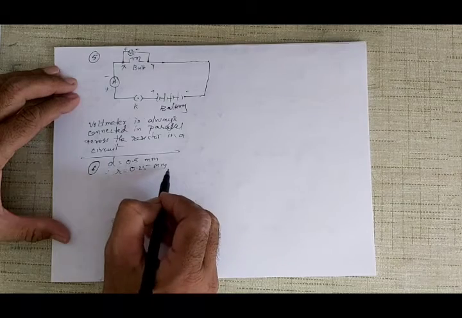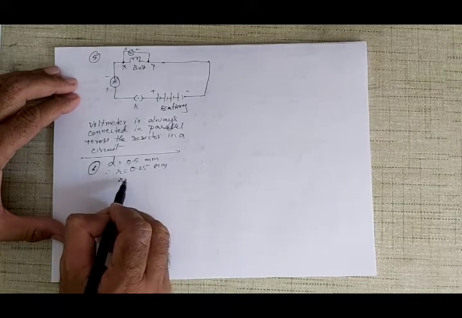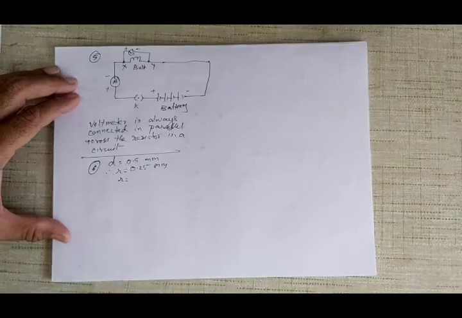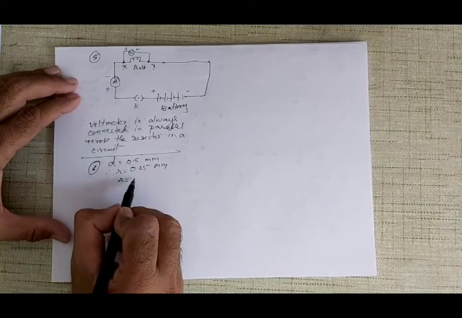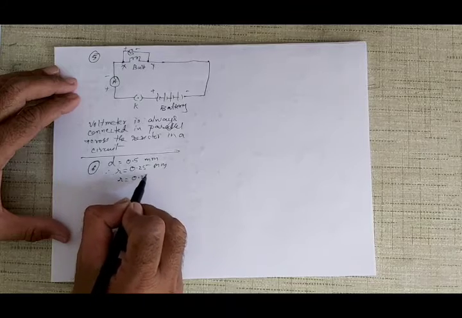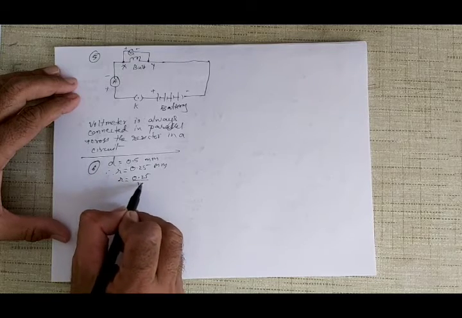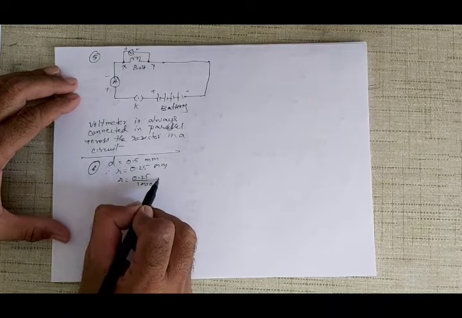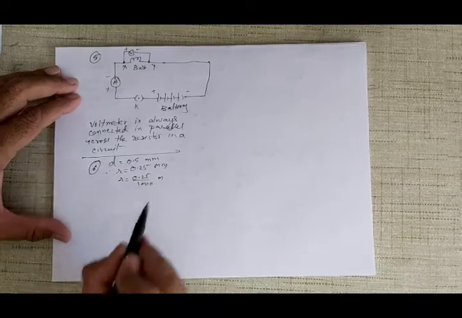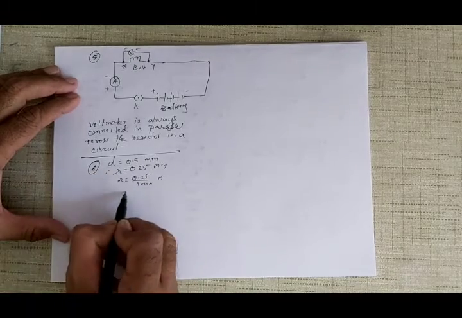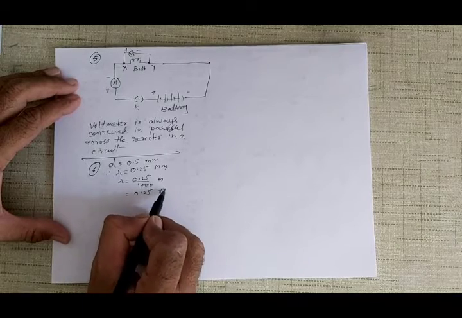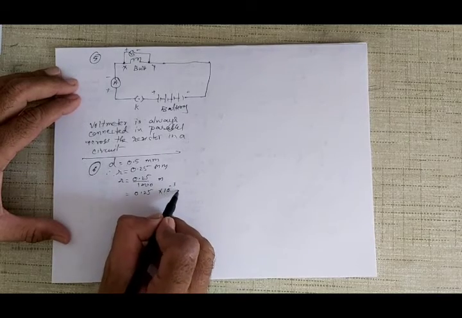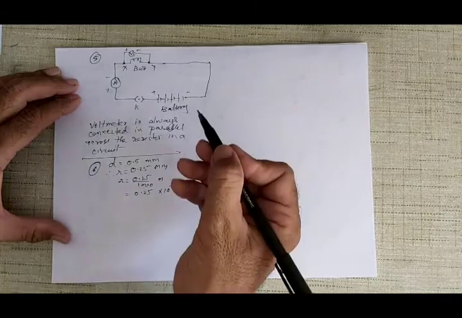Now if I want to convert into meters, remember, always the length should be in meters. So the radius will be equal to 0.25 divided by 1000, because 1000 millimeters is equal to 1 meter. Now we have converted into meters. So I can write 0.25 into 10 to power minus 3, as the 10 to power 3 moves up and becomes minus 3.